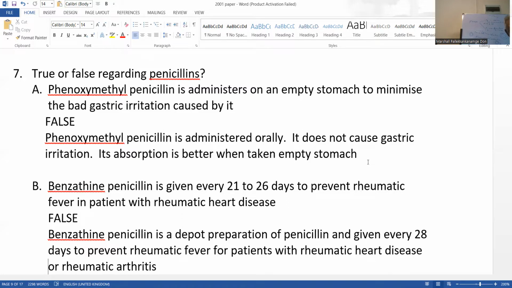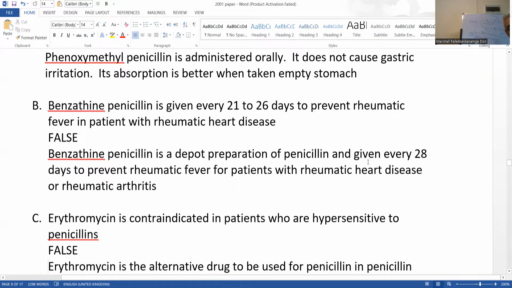Not because of gastric irritation, but because in acid medium there is better absorption. That is the only reason. Better absorption when given in the acid medium, that is, an empty stomach.